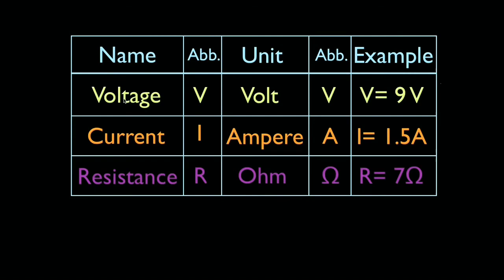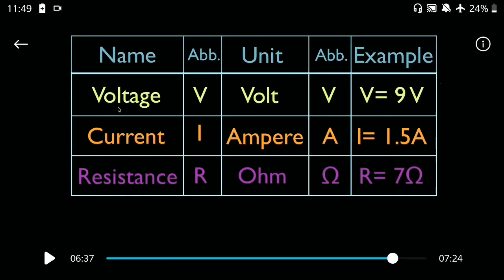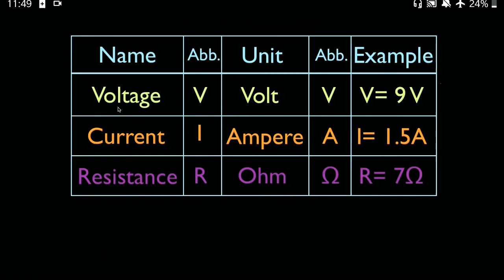The other one is current. It is indicated by capital letter I, and the unit for current is amperes, abbreviated by letter A.